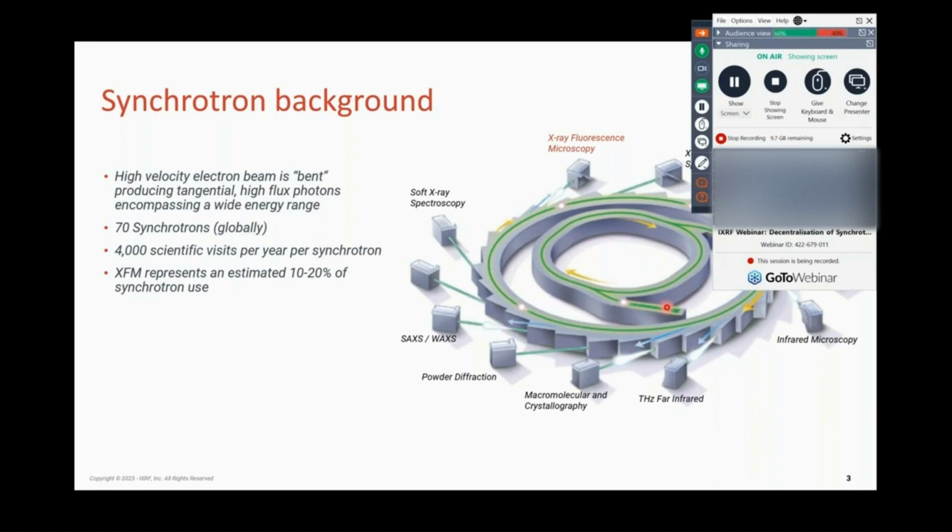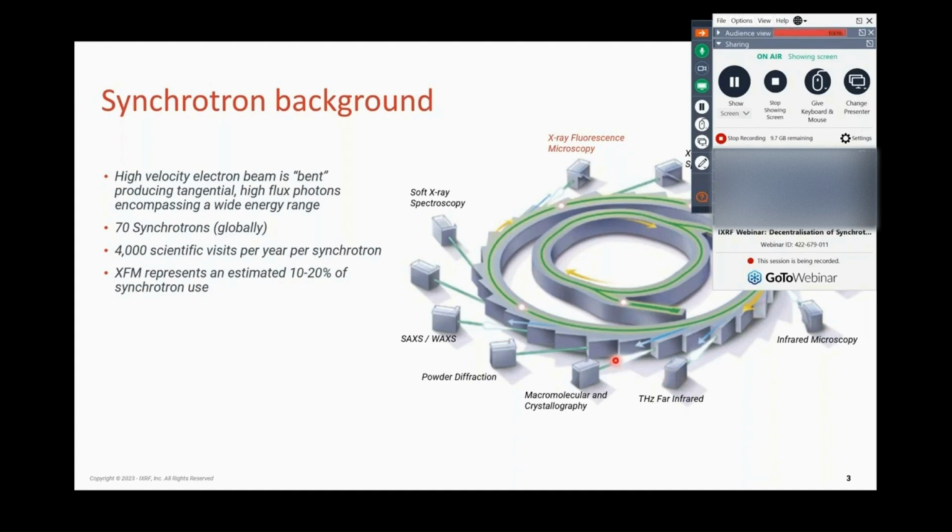These photons vary in energy from as low as 1 micro electron volt up to 100,000 electron volts, so from the infrared region up to hard X-rays. As these photons are produced tangentially to the electron direction, they are directed into a number of experimental beamlines, and depending on the analytical application need, that will dictate what beamline they are directed into.